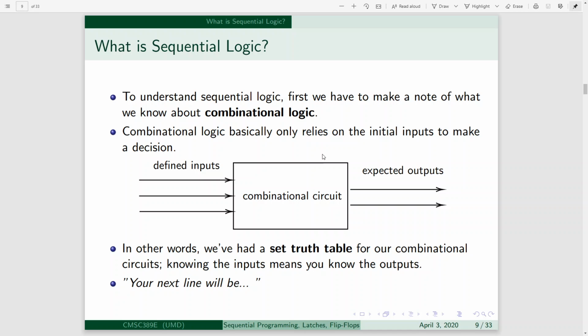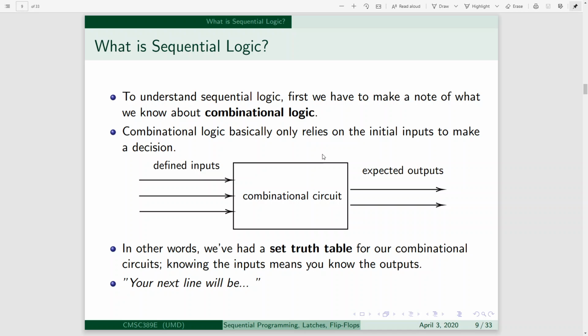So I've got a little diagram here that shows you have these defined inputs, a combinational circuit, and the expected outputs for those. And that's basically it, right? No need to take into account what the initial state of the circuit on the inside may be. No need to take into account anything else, right? And that's what we're getting at there. The reason I bring this up is because once we start working with memory that can be changed, this sort of stuff is different, right?